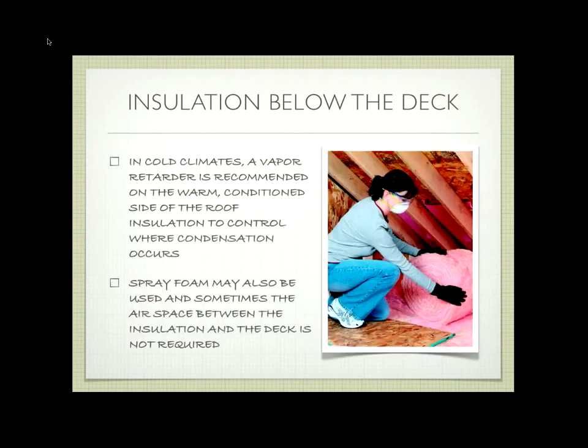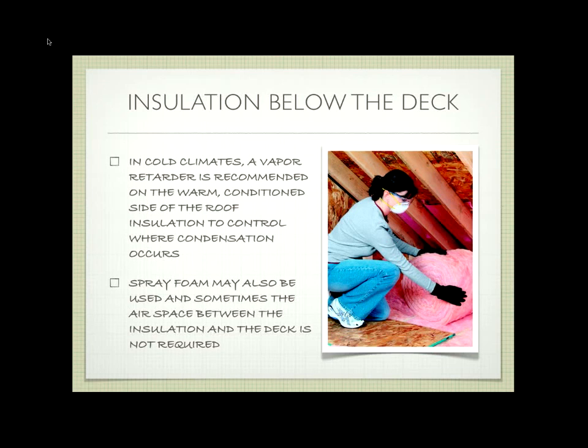Okay. In cold climates, you're going to put what's called a vapor retarder against the warm side of the building. Okay. And so we don't worry about this that much in California, and this applies for roofs, but it also applies for walls. And the idea of a vapor barrier is, let's say we're up in Alaska, and it's really cold.